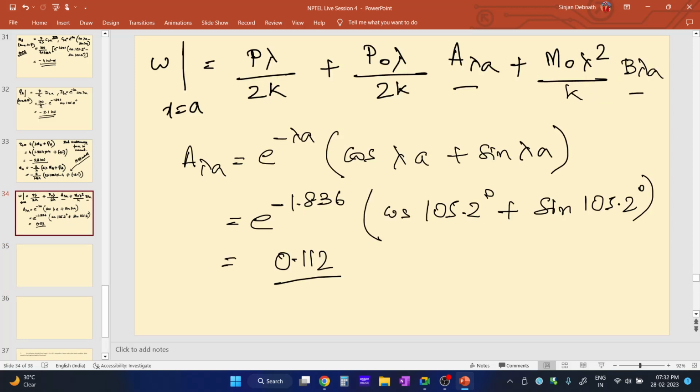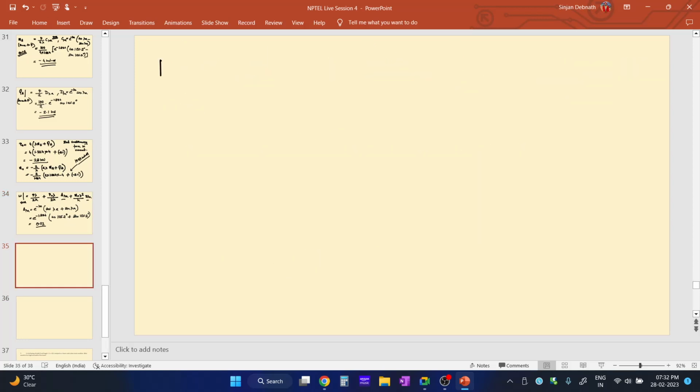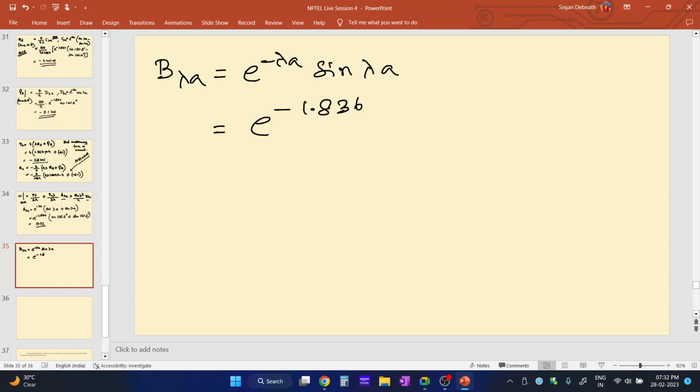So what is B lambda A? B lambda A, the equation is e to the power minus lambda A sine of lambda A. Okay. So e to the power minus lambda A in radians is 1.836, and sine of lambda A, this lambda A is in degrees, that is 105.2 degrees. If you solve this, you will get B lambda A is equal to 0.154.